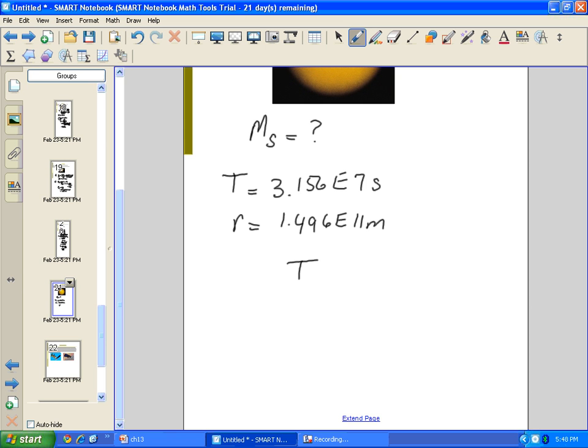Well, if you recall, our expression T equals 2 pi r to the 3 halves, we know what r is, divided by the square root of big G times, and remember here, what's going around what? Is it the Earth going around the sun or the sun going around the Earth?